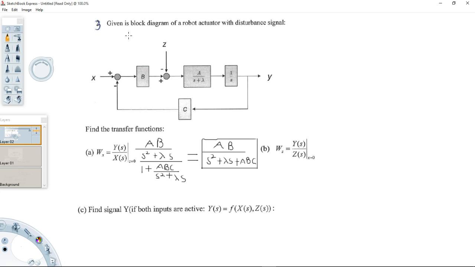If we wanted to do something like that, you can consider this junction point blocked off, and this would just be a normal straight line going to the end destination. So the equivalent block diagram would have this B and C right next to each other. They would be in series and multiply with each other. So this is what the transfer function would look like for this scenario.